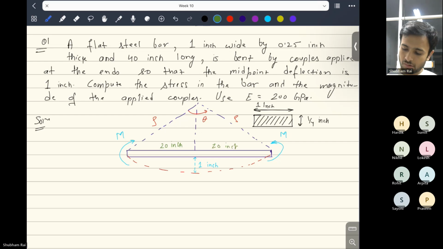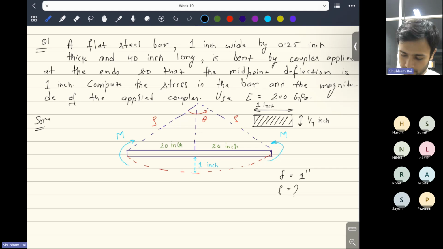If you focus on this triangle, let's say this is the total length. In this triangle, if you apply Pythagoras theorem, what will you get? I'm calling this deflection delta. So delta is given to you as 1 inch, and rho you do not know. Rho you have to find.